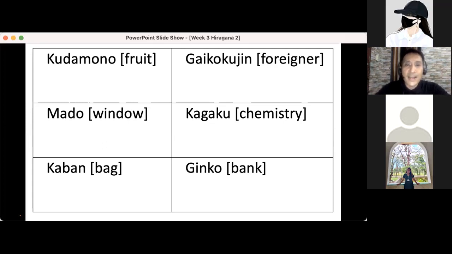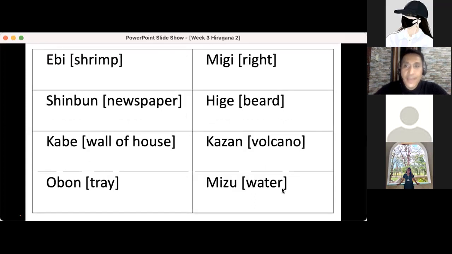Kagaku means chemistry and ginko means bank. So ebi, shrimp, shimbun, newspaper, kabe, wall of the house, obon, tray, migi, right. This is my right hand, migi. Hige means beard. Kazan means volcano and mizu means water.